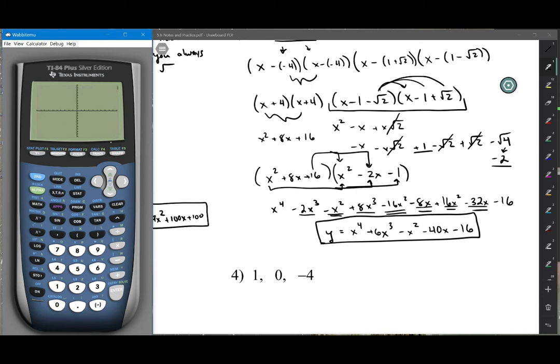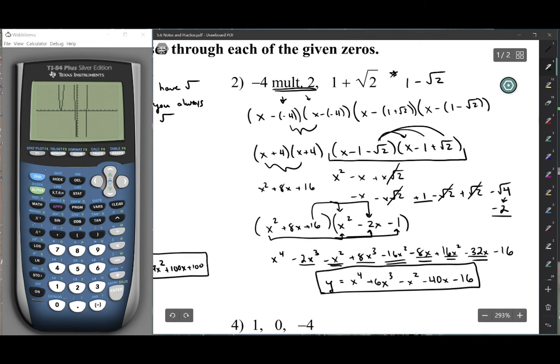We'll take a look at the graph, and well, there it is going through 4, and remember it goes through negative 4 twice actually, so that's that there. And our other zeros, I'm guessing, would be those there.